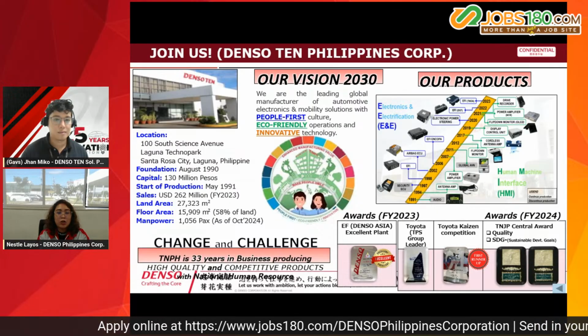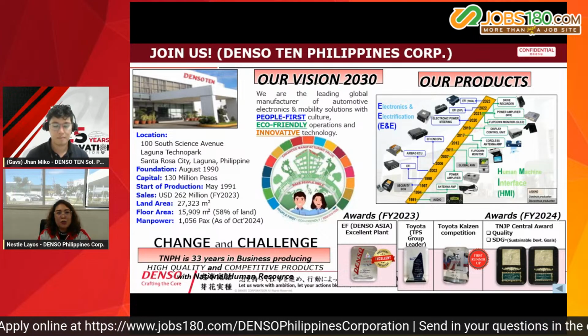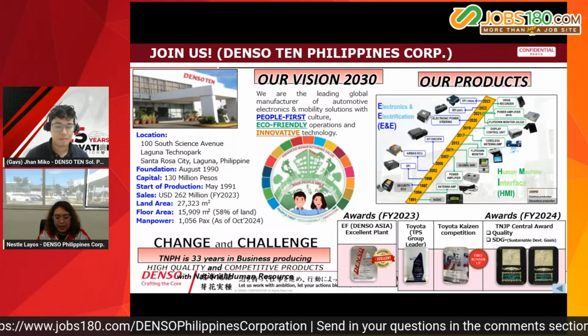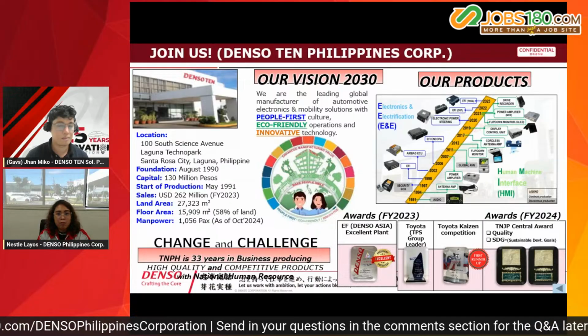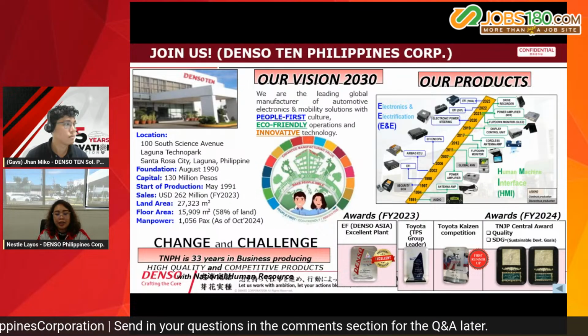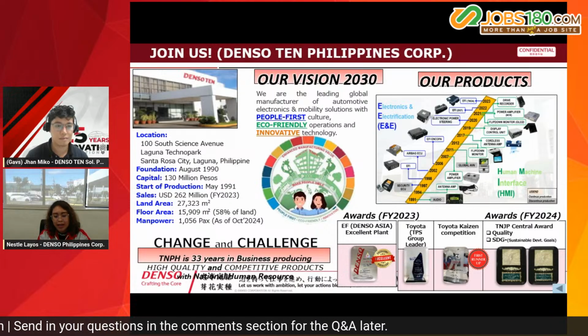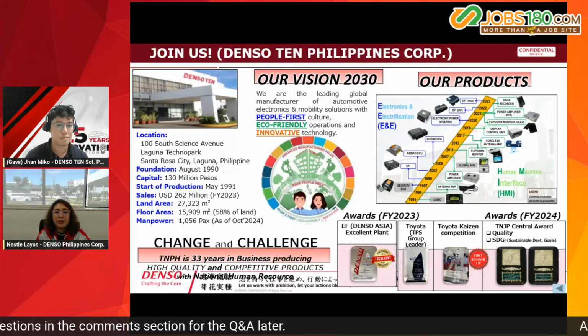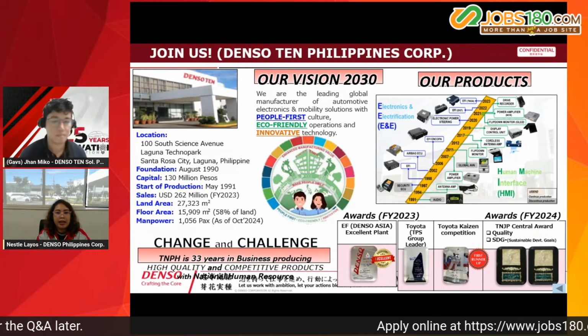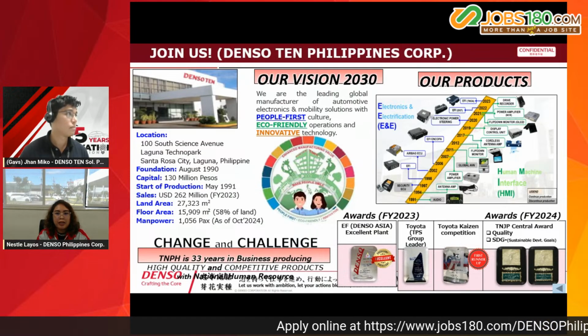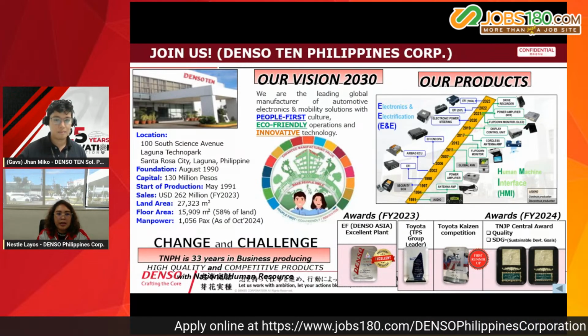So dun po nanggaling yung word na Ten. So basically, their products specialize more on car infotainment, a leader in aftermarket audio and visual equipment. So as you can see on the screen, we have the main products for electronics and electrification and the HMI, the human machine interface.